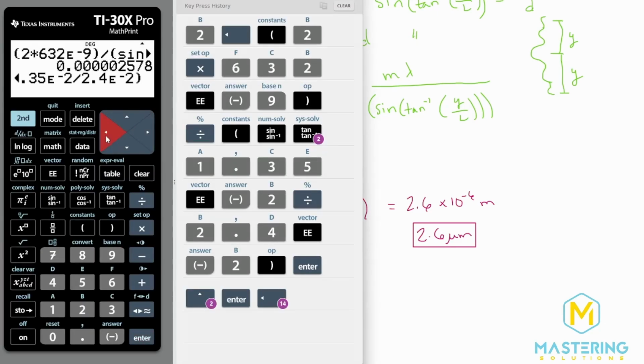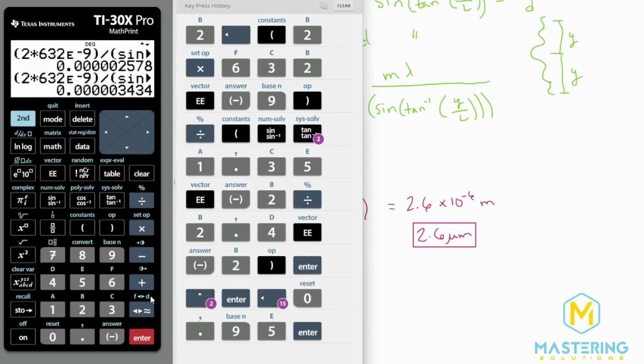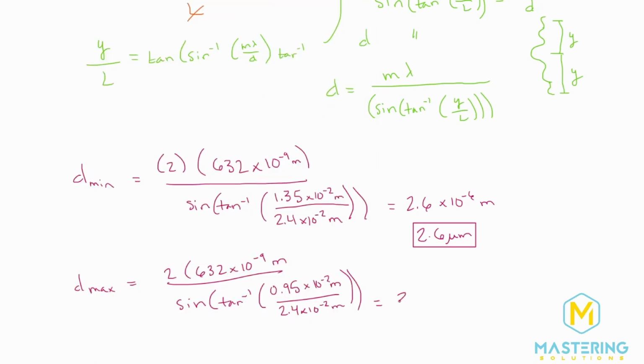So instead of 1.35, we're going to have 0.95. And that's going to give us 3.4 times 10 to the negative 6 meters, which of course is 3.4 microns. So that is the value for d at the minimum and the maximum as the muscle fiber is contracting while the researcher shines a laser through your open arm.